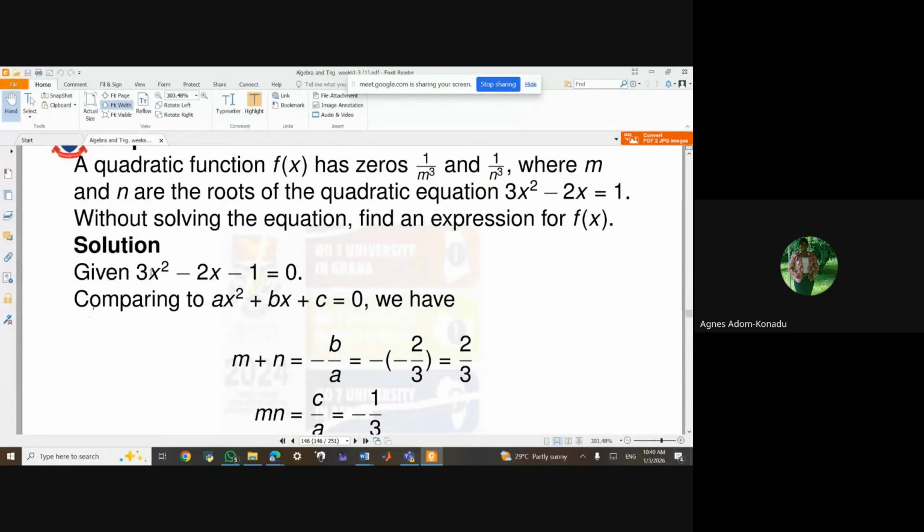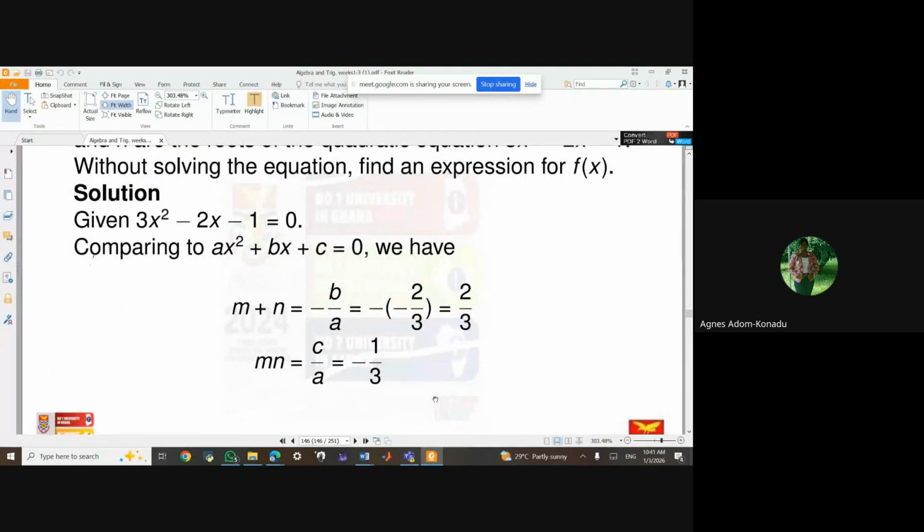Now, when I compare this to the standard equation, ax squared plus bx plus c, I can see that the sum, which is m plus n, is equal to minus b over a. My b is minus 2, my a is 3. So minus minus 2 over 3, which is 2 over 3.